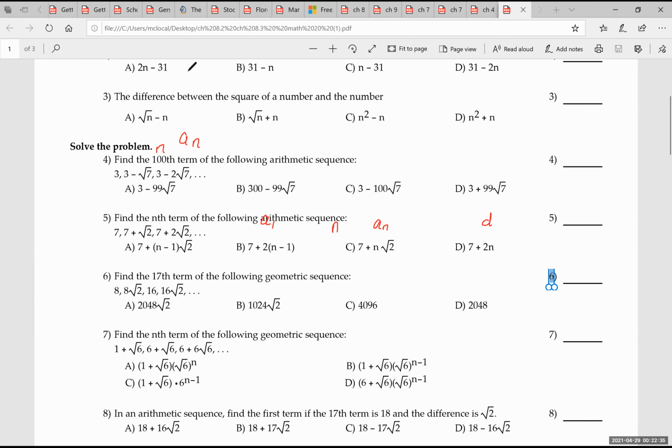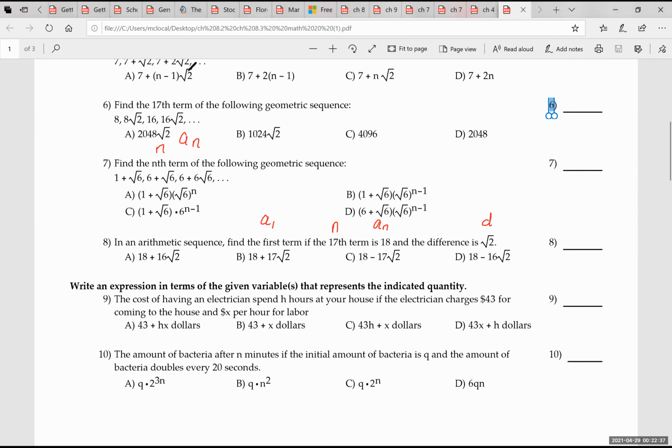Here, if you go down and look at this problem, they're saying that the 17th term is 18. So that n value, which is 17, the A sub n is given as 18. So they've given you that answer for the 17th term, that's 18. And they're asking you to find the first term. I mean, it's impossible not to have this value in order to find A1.